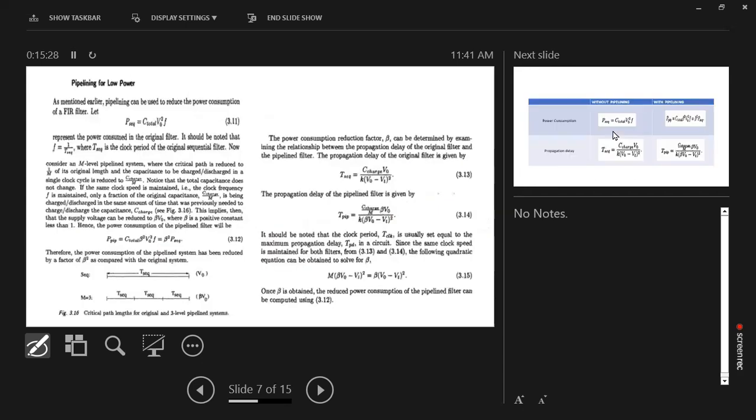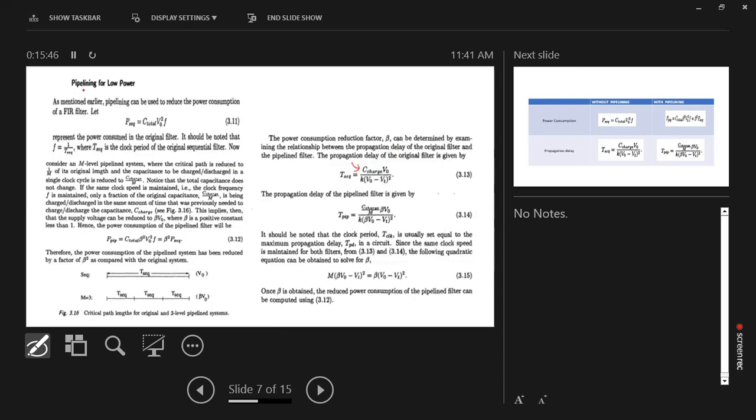Now the pipelining technique. When pipelining is applied, in the propagation delay, the charging capacitance value will change. By what level?